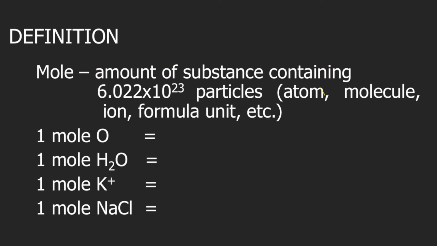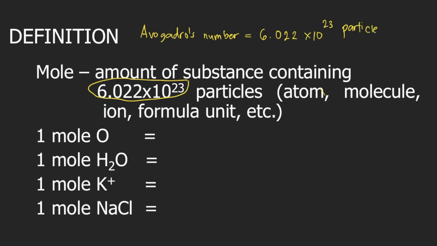So let's start with the definition of mole. It is the amount of substance containing 6.022 times 10 raised to 23 particles. So you will encounter this number a lot in chemistry. This is called Avogadro's number. And Avogadro's number is equal to 6.022 times 10 raised to 23 particles per mole.